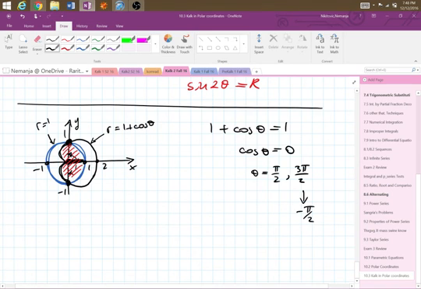And now, starting on this side, for these two bumps, I start at pi over 2, and I go down to 3 pi over 2. Or just go from 0 to pi and multiply by 2. This is symmetric, so this motion times 2 will give us the picture.